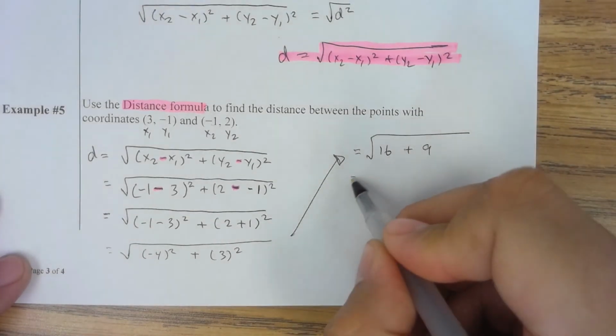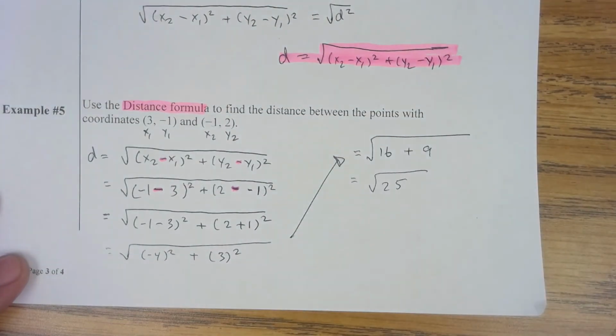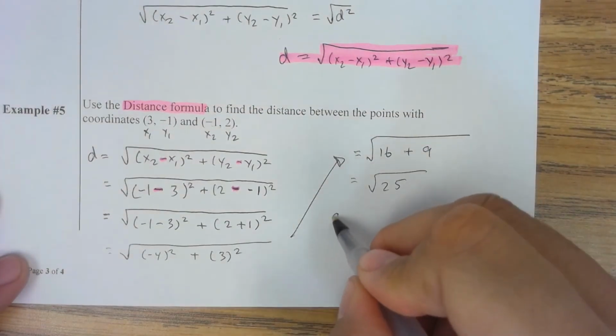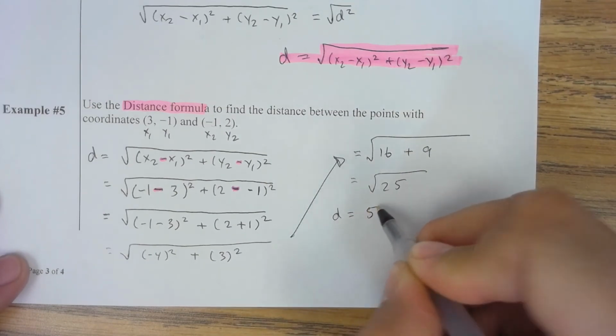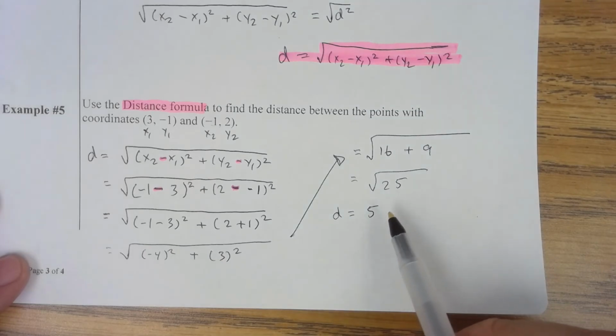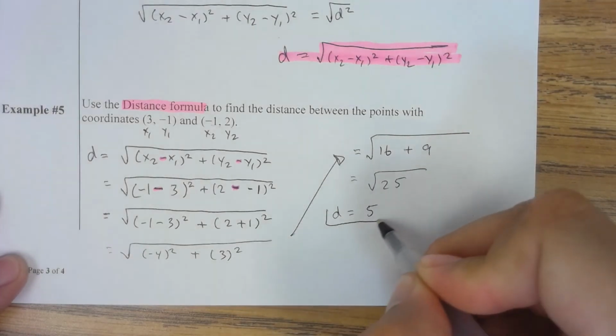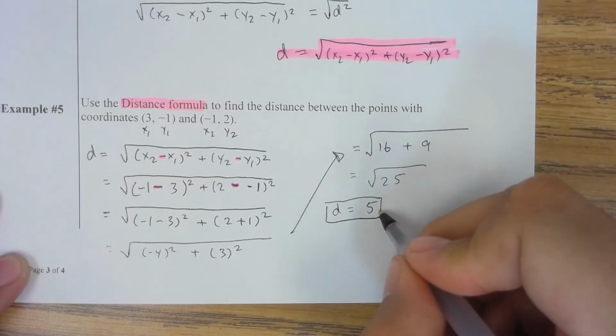Combine them together, no more square here, so we have 25. And what's the square root of 25? Should be 5. Once you do the square root it should not be there anymore. You completed that action already. So the distance between those 2 points is just 5 units here.